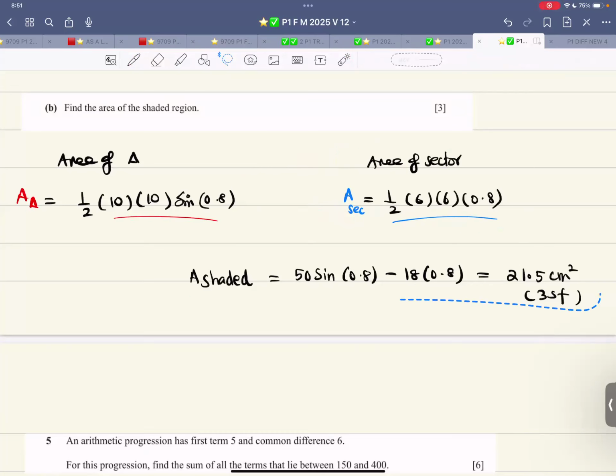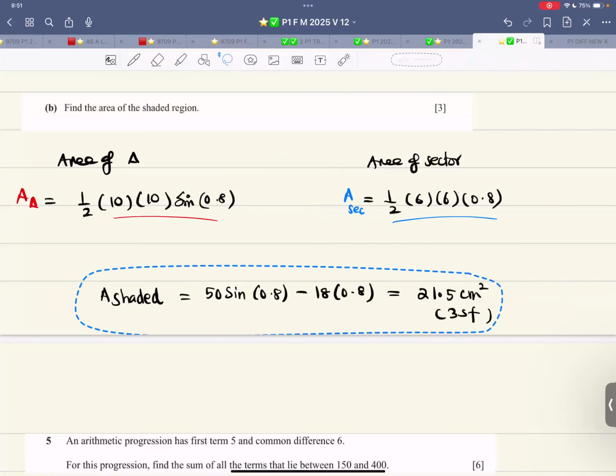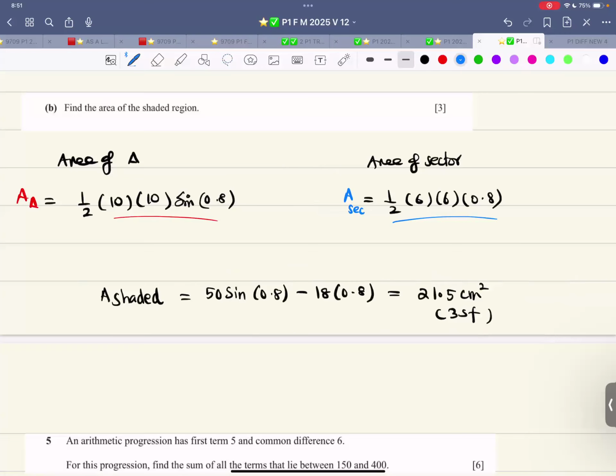Since they are not asking for these two things separately, let me plug this in over here and write it like this. So therefore, area of shaded region is half into, the triangle is bigger, half into 10 into 10 into sine of 0.8 minus half into 6 into 6 into 0.8.